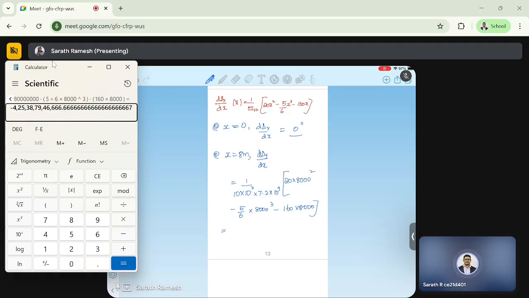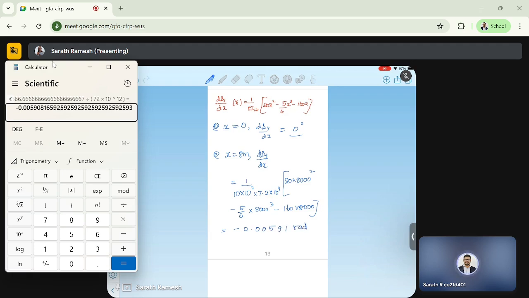This is divided by a big number: 10 power 3, 10 power 9, 10 power 12, 72 into 10 power 12. So this is minus 0.00591 radians.